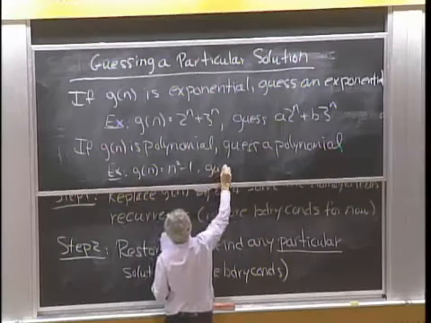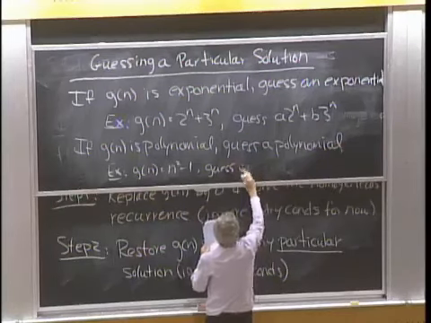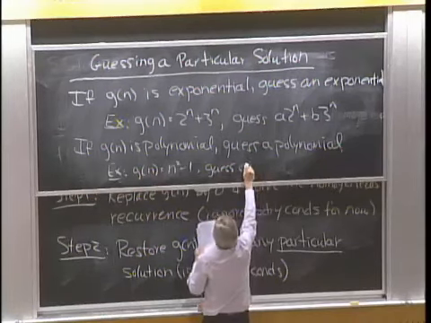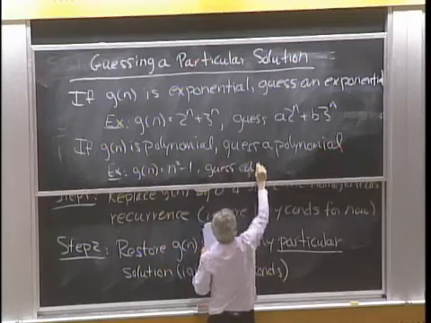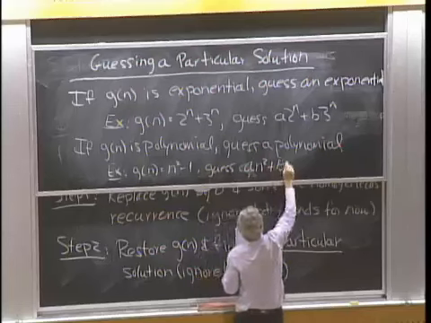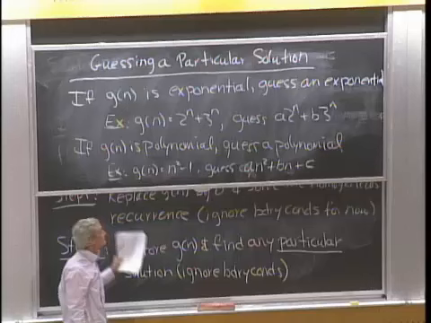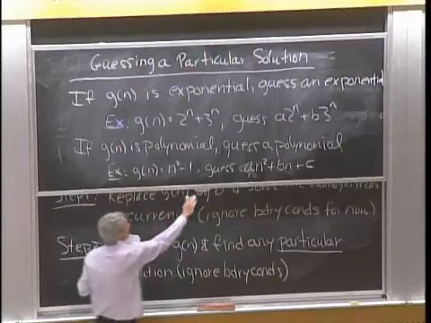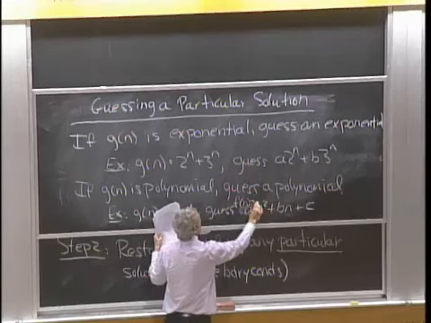You should guess, let's see, guess an squared plus bn plus c. Plug that in for f of n. All right, so when we're doing these guesses, we're guessing f of n. Same thing up here.